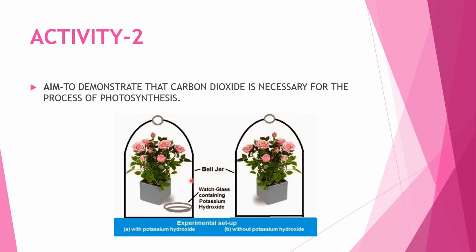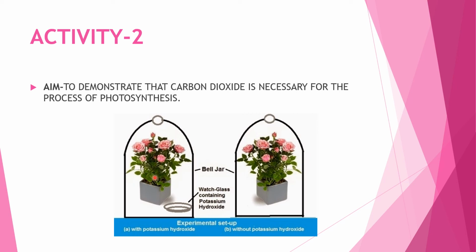In plant A, we keep potassium hydroxide in a watch glass and then make it airtight, whereas in the second we have no potassium hydroxide, that is without, and this is with. So after 6 hours, what observation will we get?